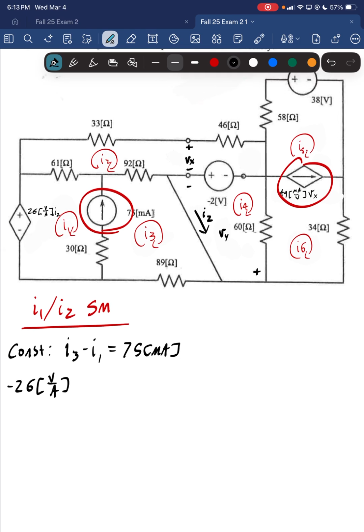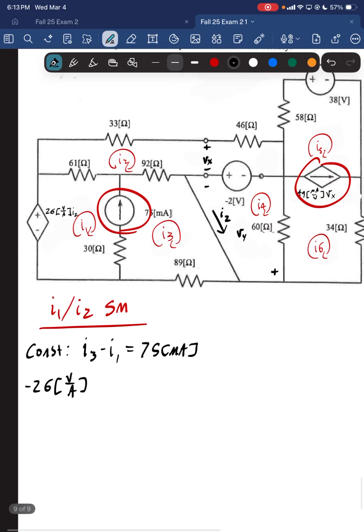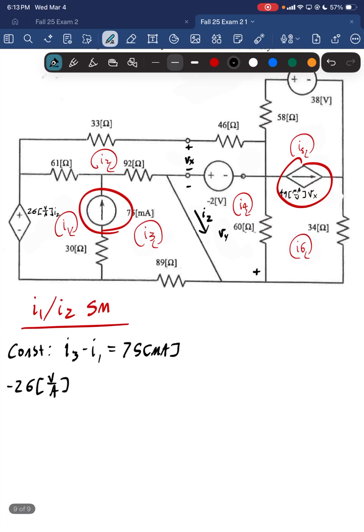So I3 is going the same direction, so we're going to subtract I1 from I3 and set it equal to 75. Like, if you do, let's do a KCL at the top. If you do I1 going into the top junction, and 75 milliamps going in there, I3 leaving.